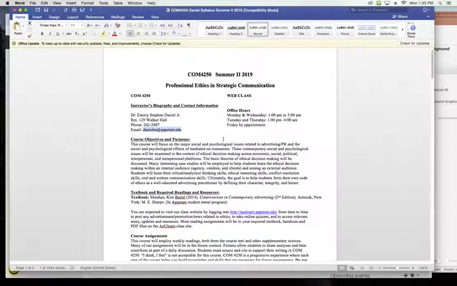So we're going to be talking about ethical decision making across, as you can read here, economic, social, political, interpersonal, and intrapersonal platforms. So a lot of this will not only deal with advertising industry problems in terms of relating messages and so forth, but also within the advertising area as industry as well.